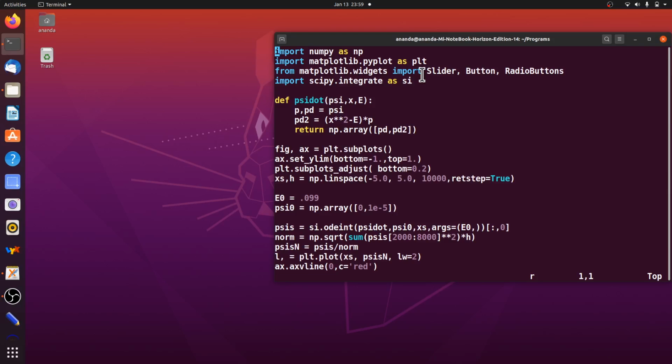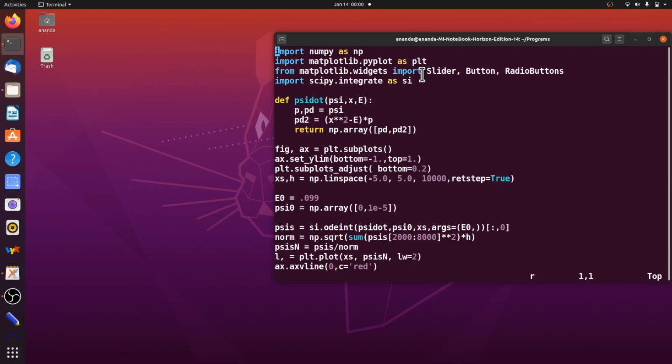So let me just try to explain what this program does. This actually solves the equation psi double prime plus (lambda minus x squared) times psi equals 0, this second order differential equation, starting from an initial condition that psi is 0. Well, it should be at minus infinity, but we are not going to handle minus infinity here.